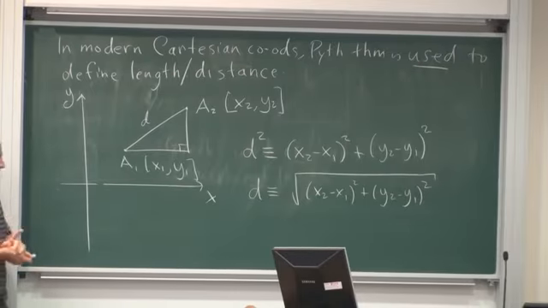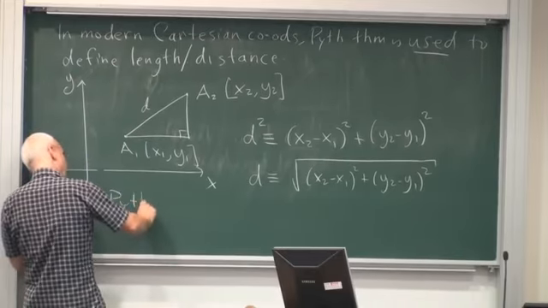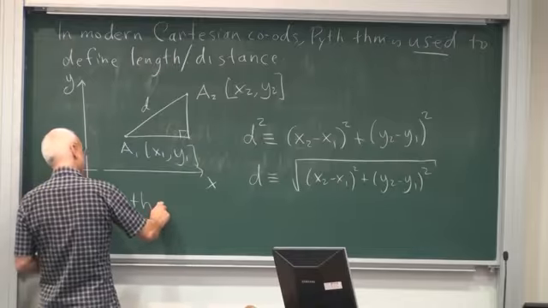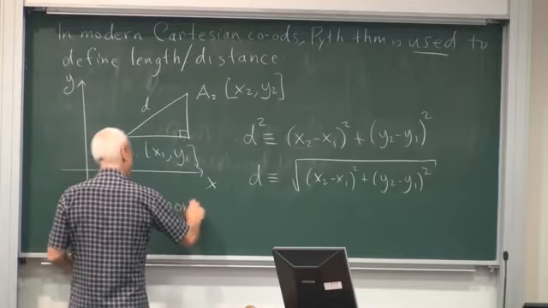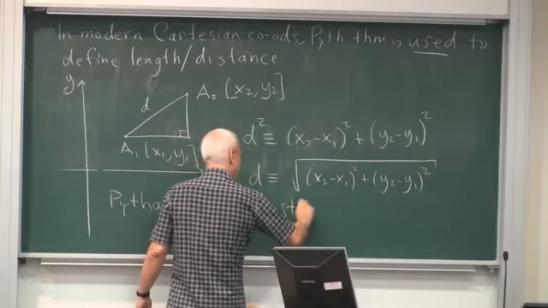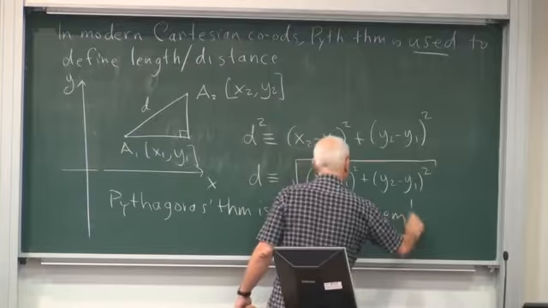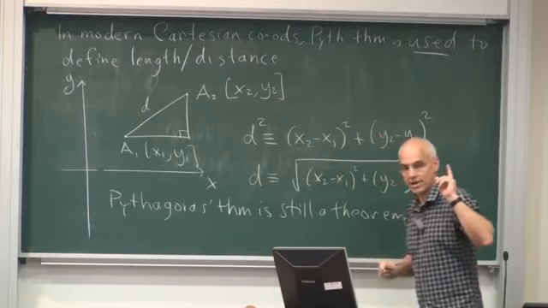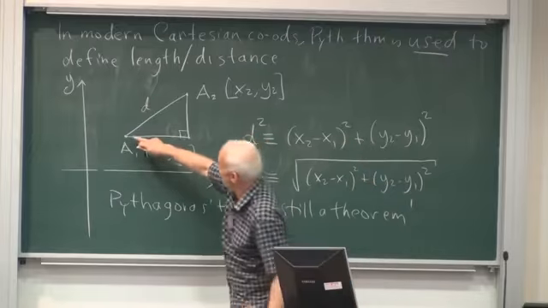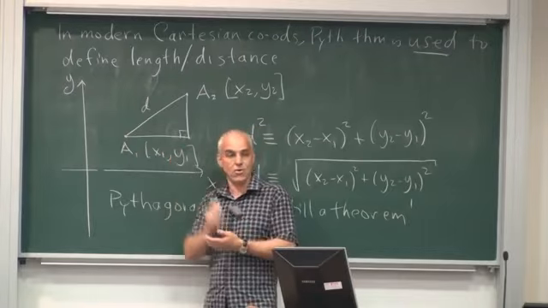Okay, that's not really correct. So Pythagoras' theorem, even in this Cartesian system, is still a theorem. It is not automatically true. It's automatically true if you have a triangle which has 2 sides parallel to the coordinate axes.